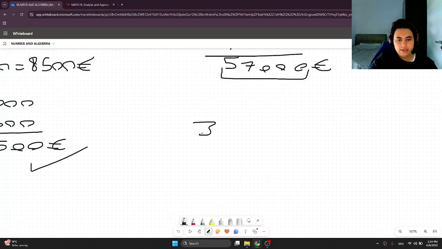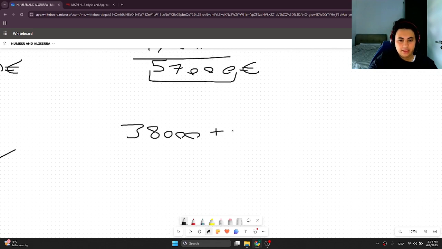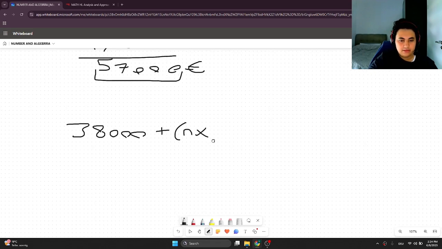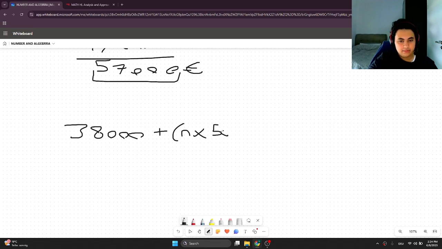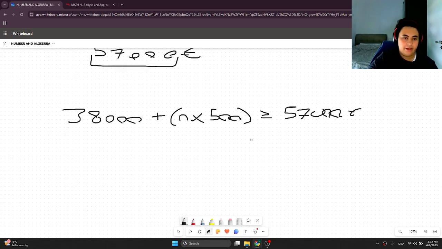So you have 38,000 plus n times 500 is equal to or greater than 57,000. We start at the 38,000 euros, and then we add to that every year, so n stands for how many years, times 500.